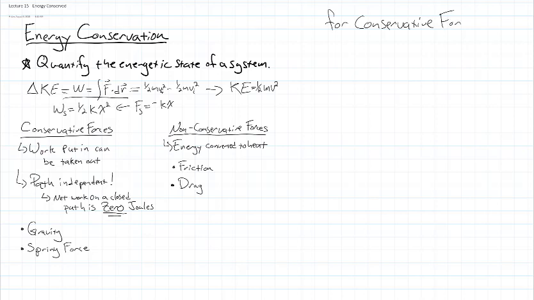Okay, so for conservative forces, essentially what we have is this idea that work can be stored as what we're going to call potential energy. Work can be stored as potential energy.